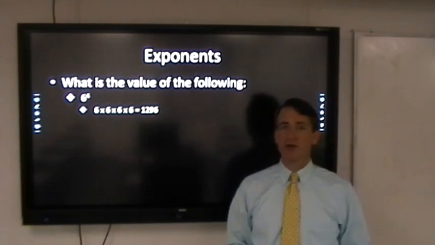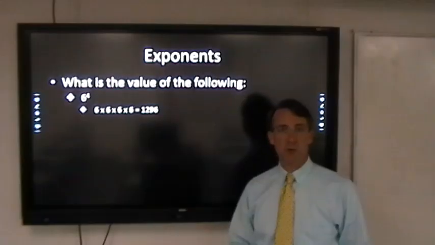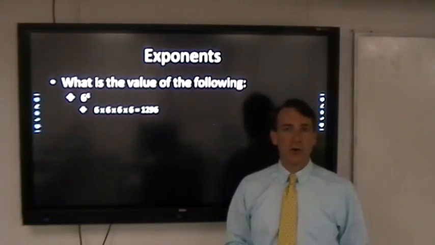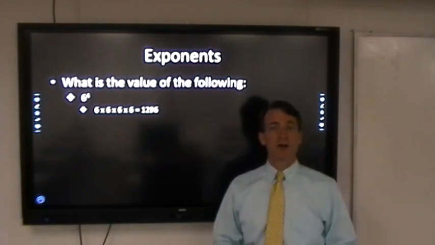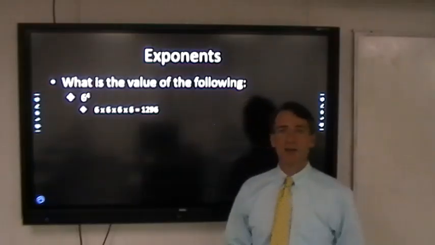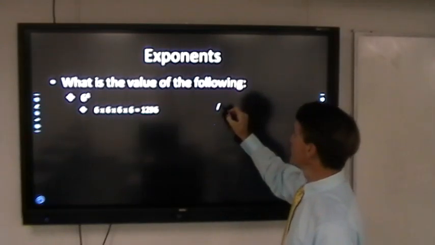Now, many calculators are capable of doing exponents. What you want to look for is either an x to the y or a y to the x. On a graphing calculator, you'll often see a caret key that looks like this.